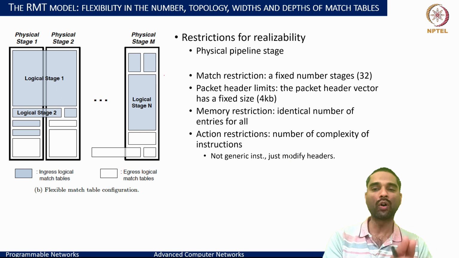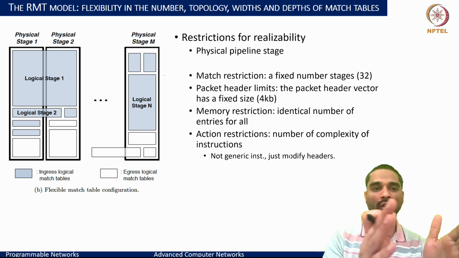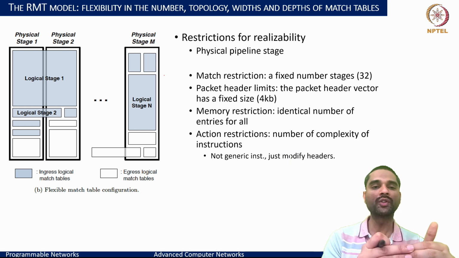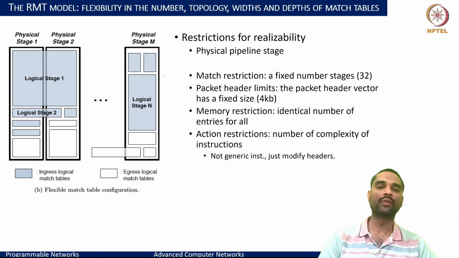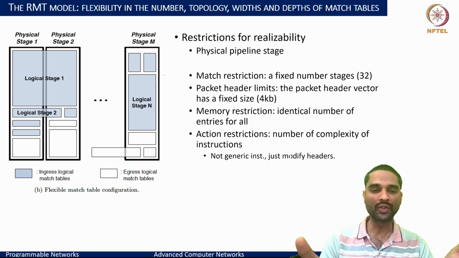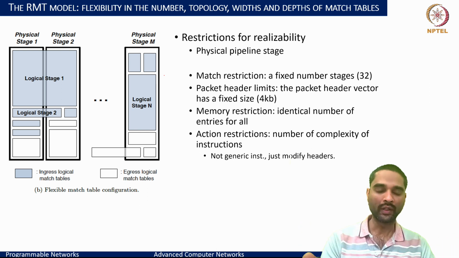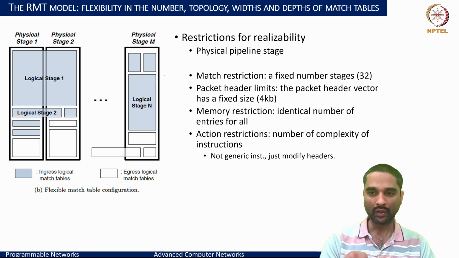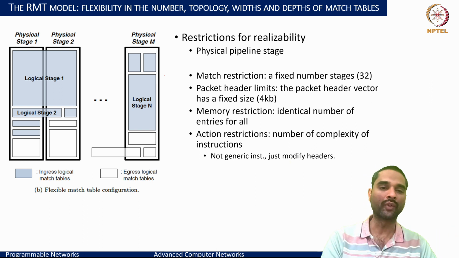Would they all have the same memory restriction in terms of the number of bits, in terms of the size that you would want to accommodate? Or when I combine 2 physical stages, I can have multiple logical stages in the same physical stage notation. That way, I may have the width of one logical stage span different bits as opposed to another logical stage, which may have a different bit width.